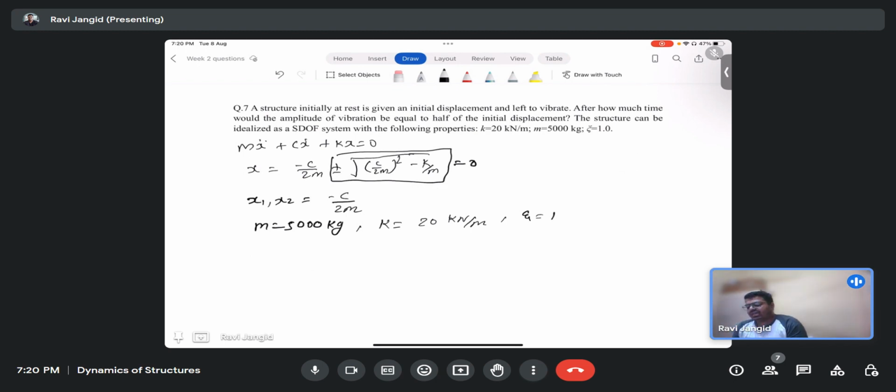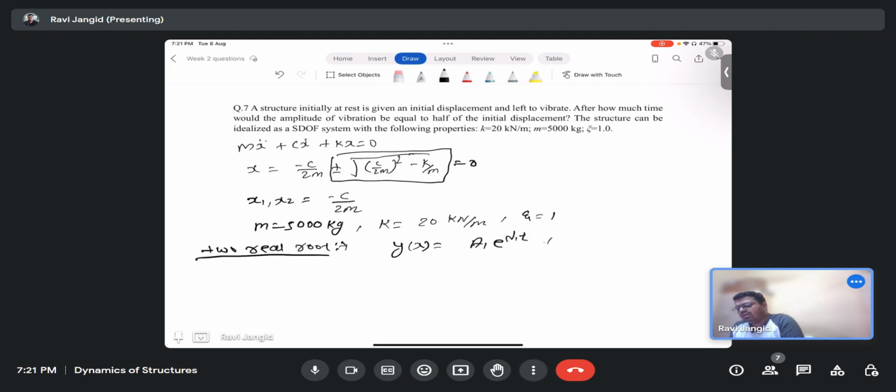So if my roots are equal, can you tell me what is the solution of the equation? What will be my polynomial equation? If you have two different real roots, which we solved in the underdamped system in week one, the solution would be a1 e raised to power lambda 1 t plus a2 e raised to power lambda 2 t.